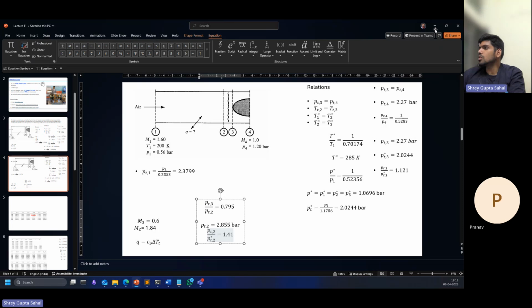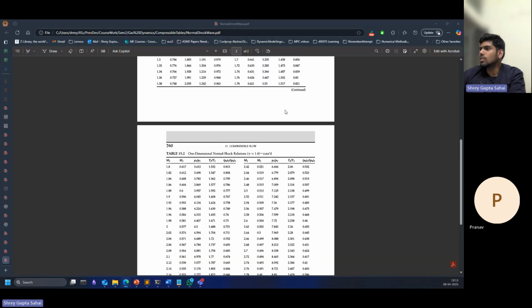Let's check if this is the ratio we get corresponding to Mach of 1.84.